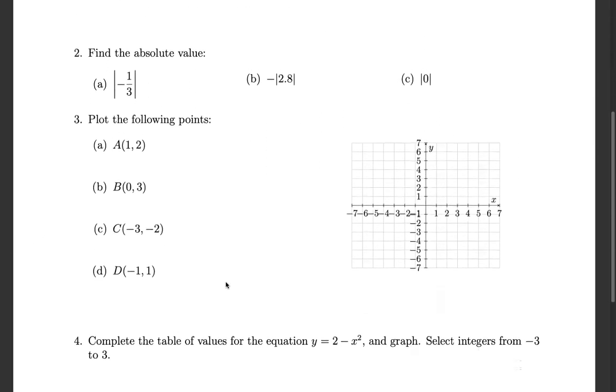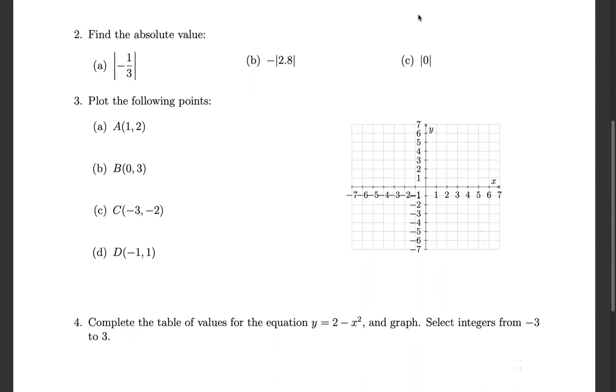Now let's see 3. We have these coordinates. We have x-axis, right? The horizontal real number line called the x-axis. The vertical number line called the y-axis. So we have the origin 0, 0. So this point is 0, 0.